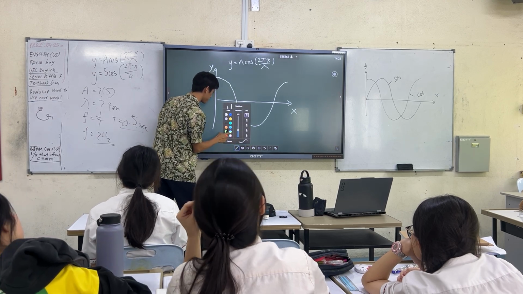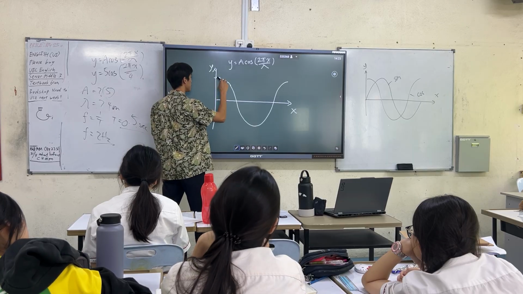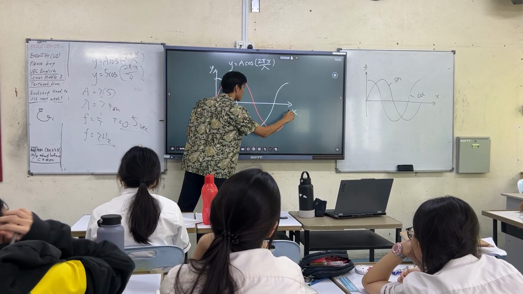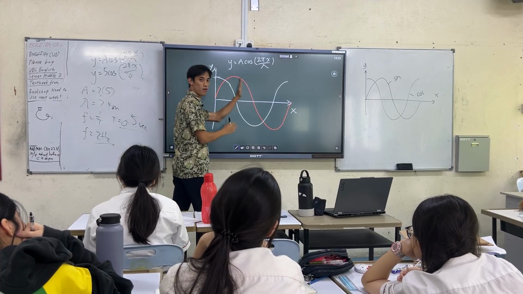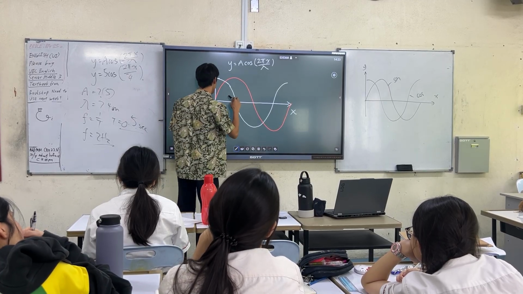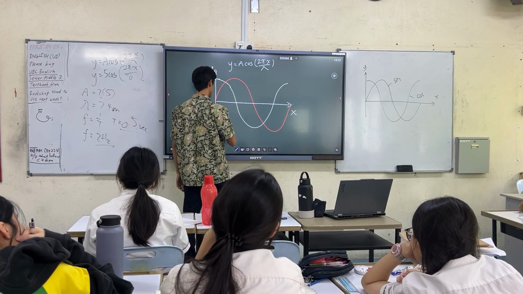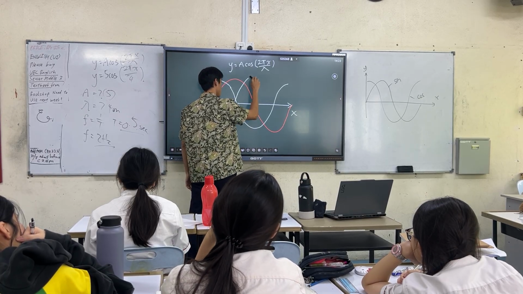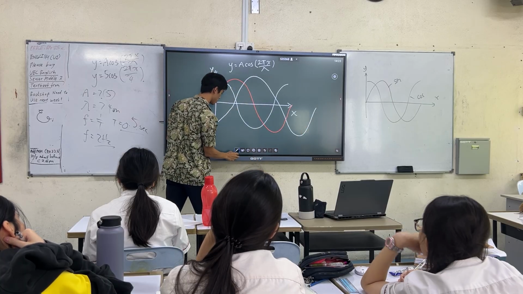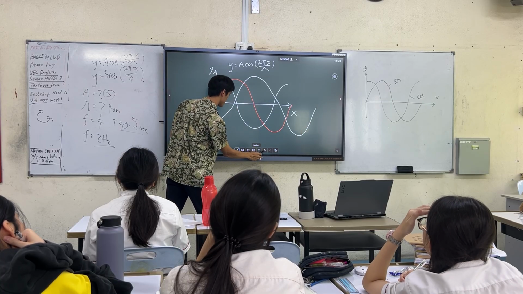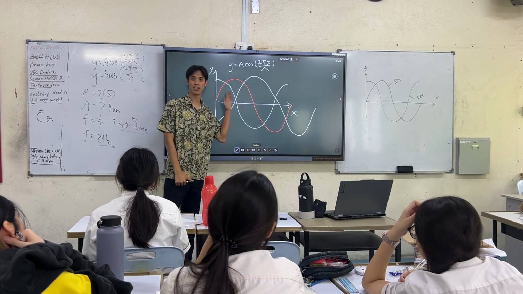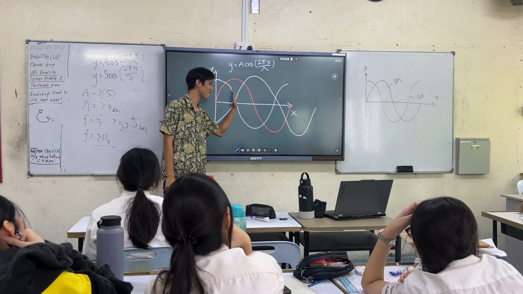It will look like this, right? Because this is moving forward. Then I use another color so you can see more clearly. It will be like this. You're moving forward like this, right?